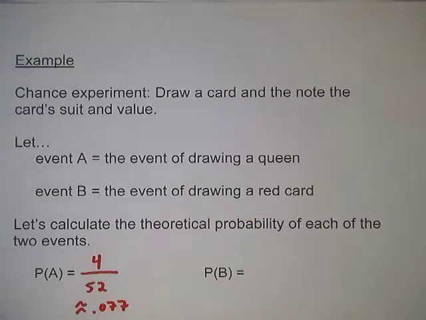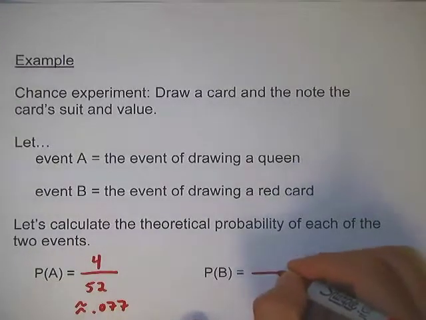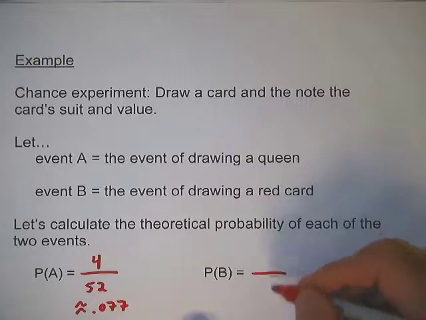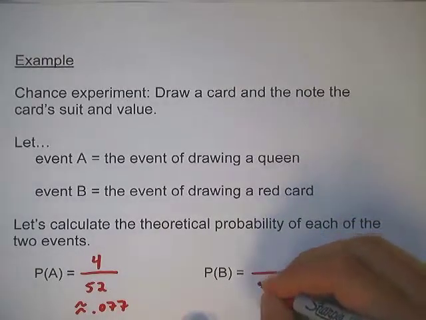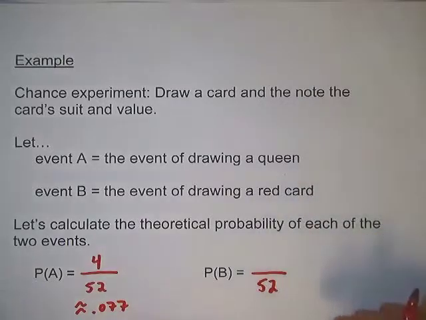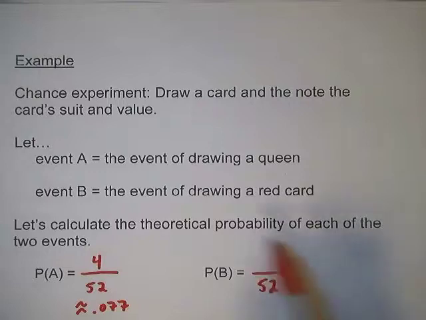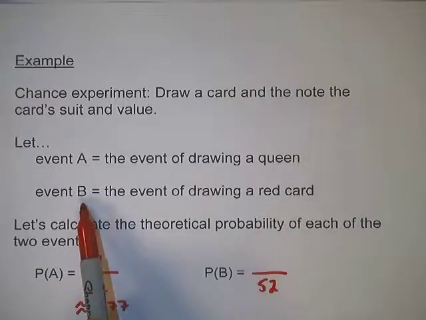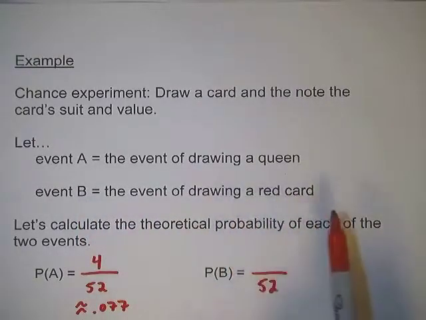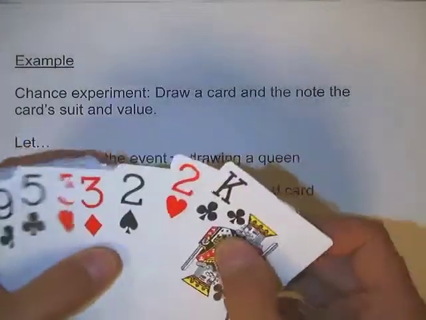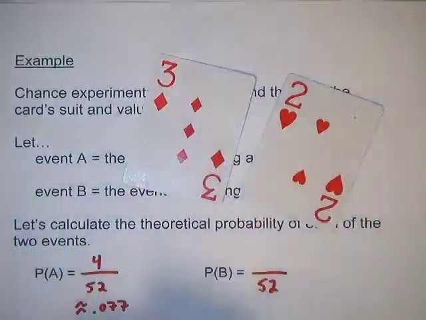Now let's do event B also, the event of drawing a red card. We want to do the same thing: the ratio of outcomes favorable to event B divided by the number of outcomes in the sample space. This isn't going to change; it's still going to be 52. Now to figure out how many outcomes are favorable to event B, how many cards in the deck are red: the red cards are the hearts and the diamonds.